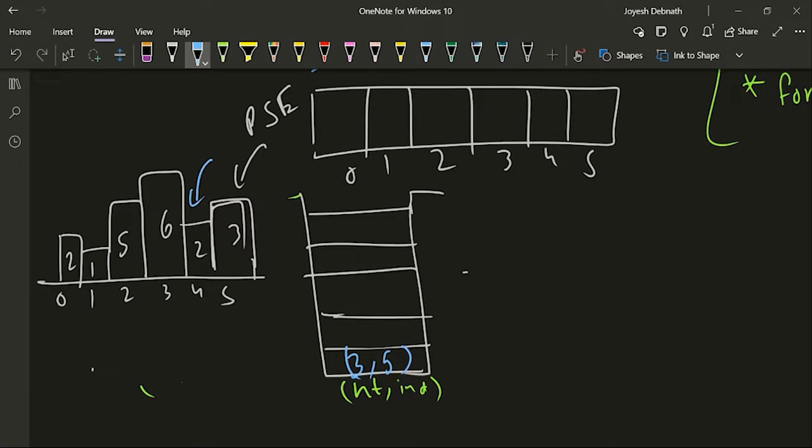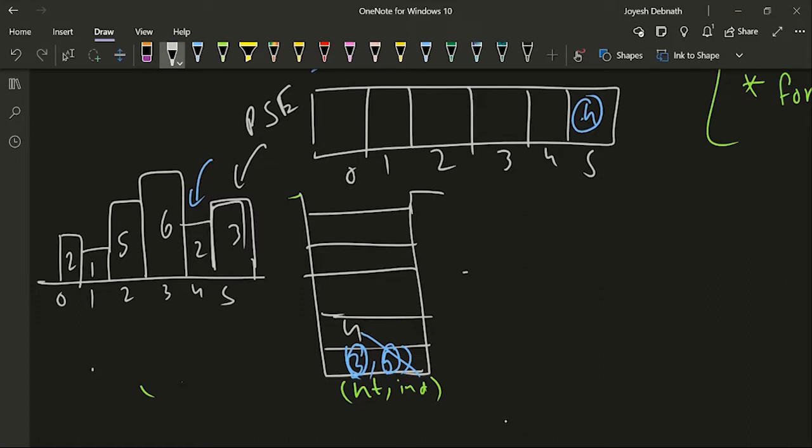The block 2 is lesser than the existing height on the stack, so we can pop out this element. What's its index? It is 5, so we can go to the index 5 and we can enter the index of the current block, which is 4. So for this particular block at 5, the previous smaller element is at index 4.